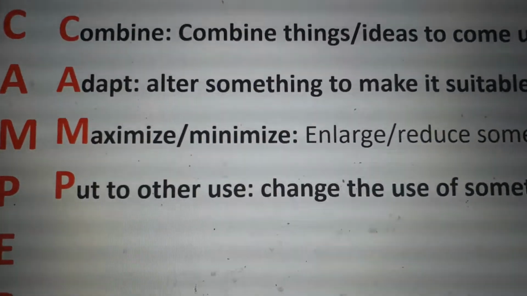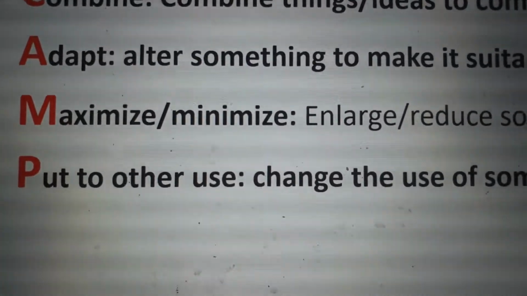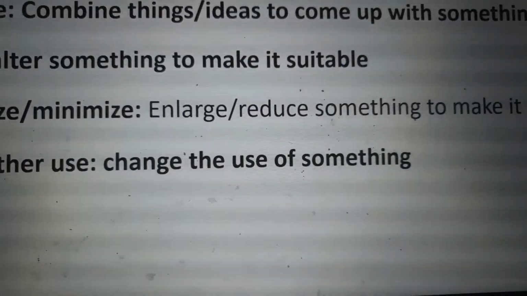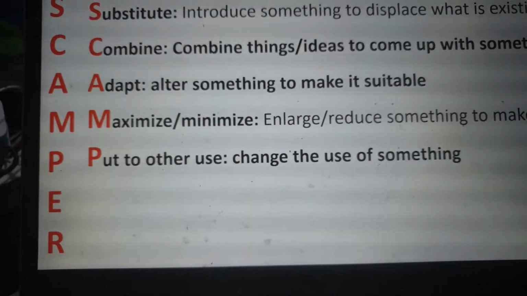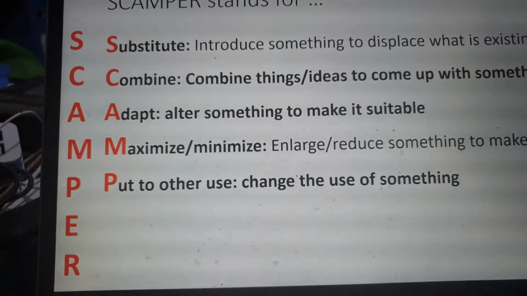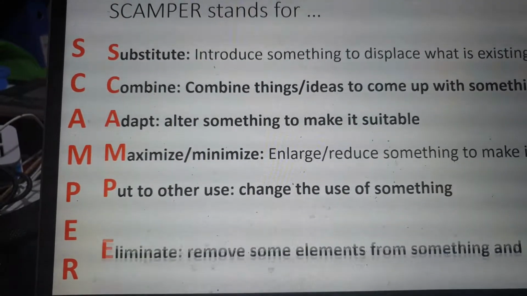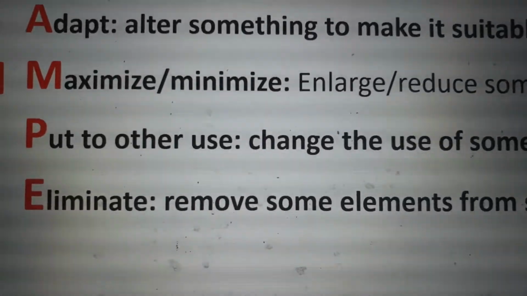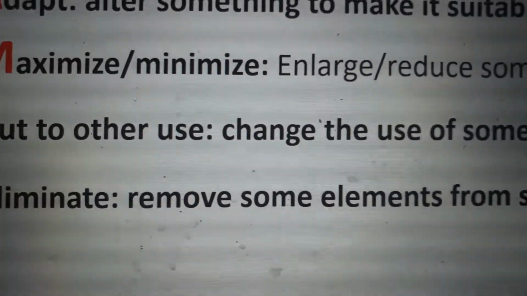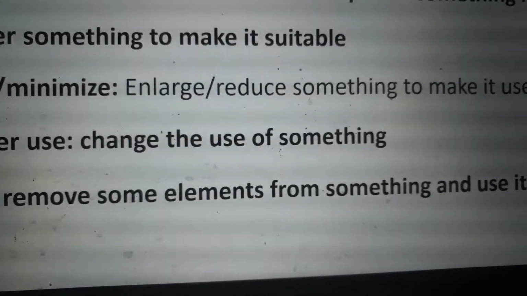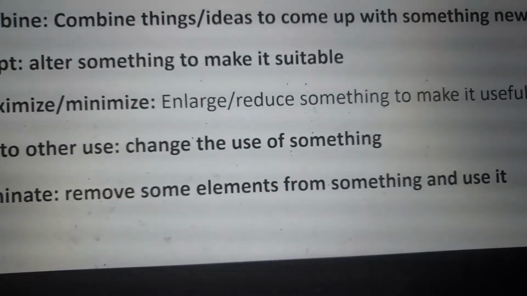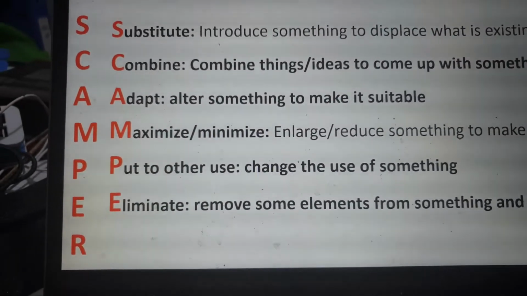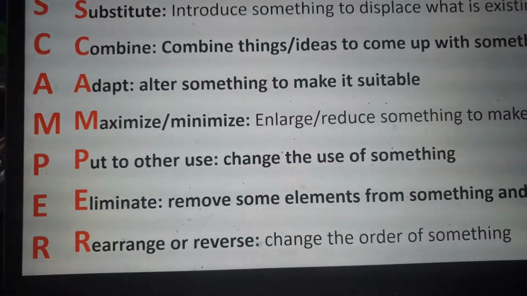P is put to other use. Change the use of something. Put it to a use that it was not originally meant for. E is eliminate. Remove some elements from something and use it, or make it useful.